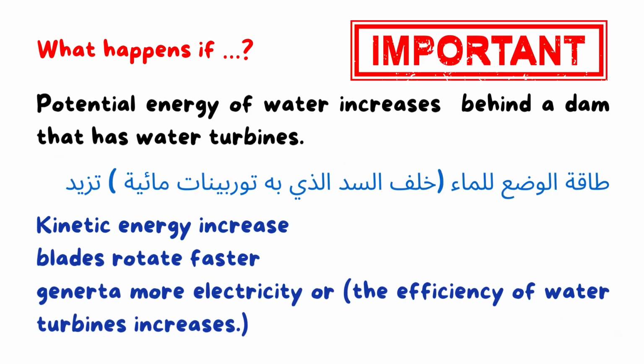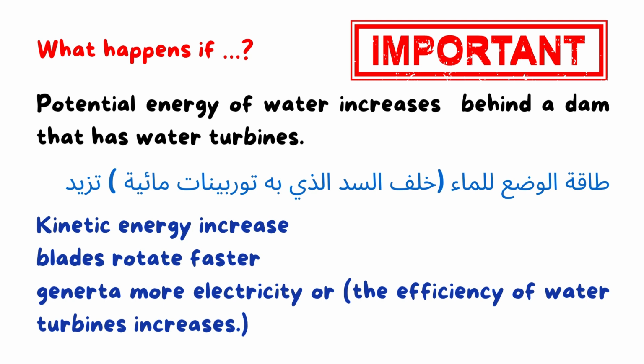Here we will go to another what happens if question, which is very important. Okay, potential energy of water increases behind the dam that has water turbines. So if the potential energy of water increases behind the dam, what will happen? Okay, let us arrange our minds.